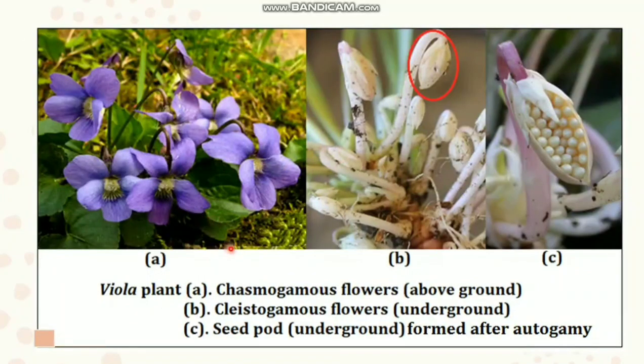These are the pictures of the Viola plant, which is commonly known as common pansy. These are purple colored chasmogamous flowers having exposed stamen and stigma. These are cleistogamous flowers, and this is the seed pod formed under the ground after autogamy.